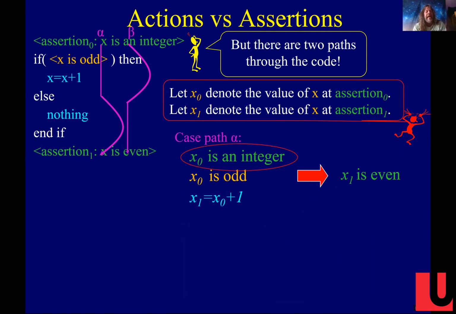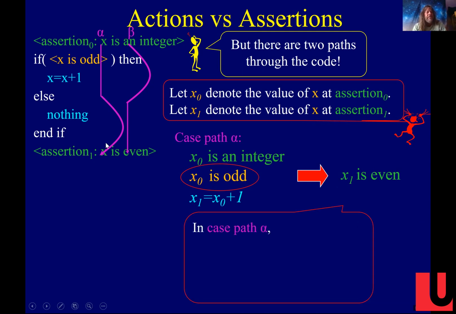And in the alpha case, we know from the Martian that that's true. We know from the fact that we're following alpha that the condition has to be true, right? And the fact that we're following alpha tells us that we execute x equals x plus 1, which gives us that relationship, right?